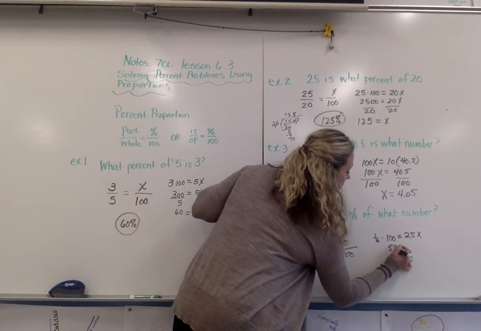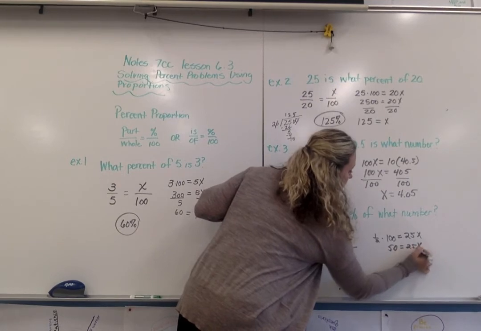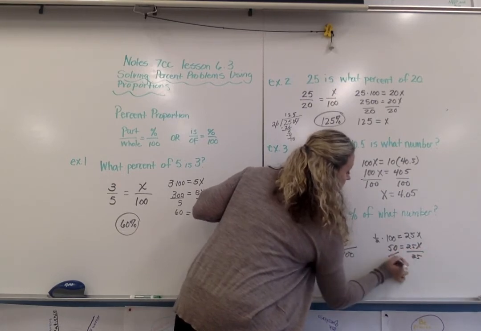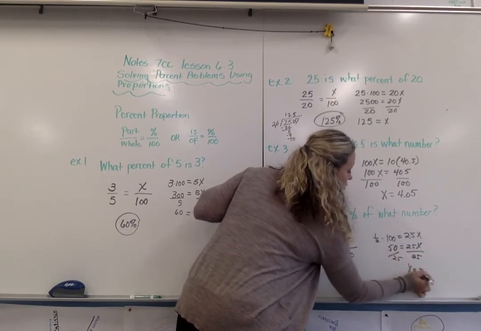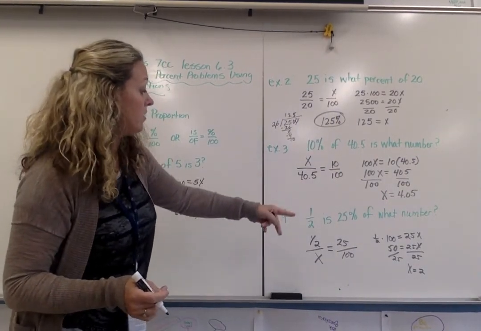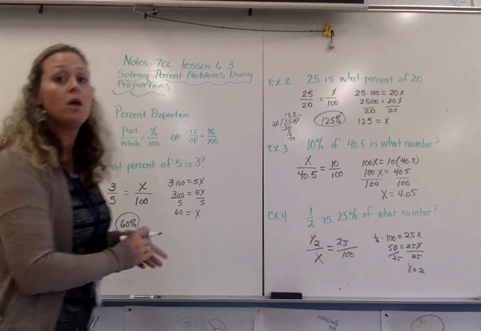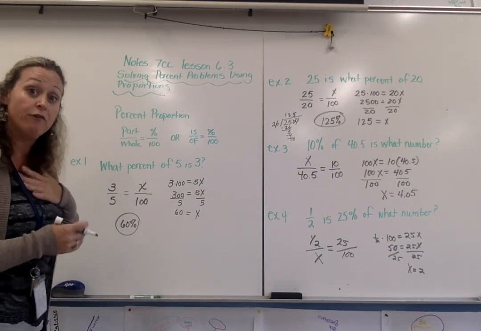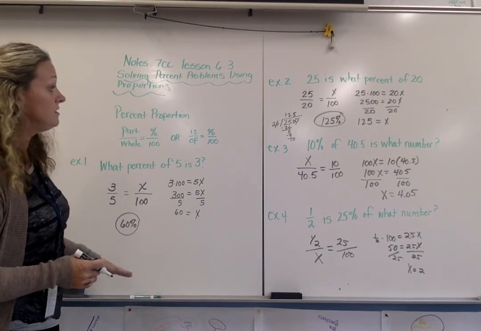Half of 100 is 50. 50 equals 25x. I divide both sides by 25. X is equal to 2. I now go back and say, all right, I'm looking for out of a number. It's out of 2. Please make sure you're copying down everything I've written down, all of the examples.